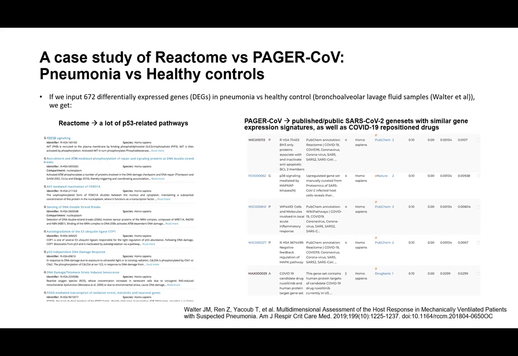Now, when we set up PAGER-CoV, putting in these same 672 DEGs, you start to get more curated, more organized data. But this is still a work in progress. We see some drugs popping up, and keep in mind that this is all based on your user inputted gene set.